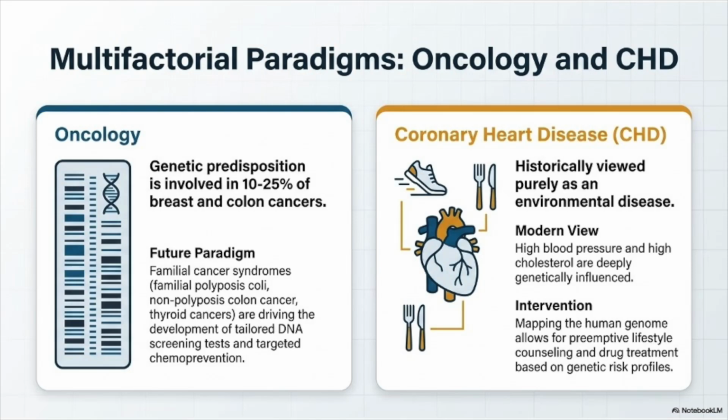Coronary heart disease was historically viewed purely as an environmental disease, but the modern view recognizes that high blood pressure and high cholesterol are deeply influenced by genetics. Mapping the human genome now allows for preemptive lifestyle counseling and drug treatment based on individual genetic risk profiles.